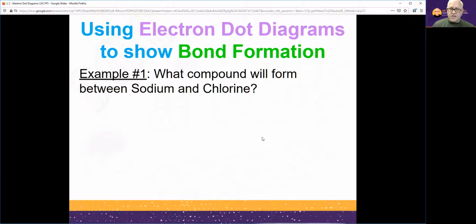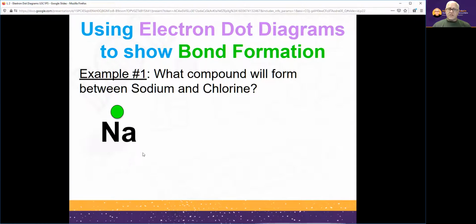In our first example, we want to determine what compound will form between sodium and chlorine. So you're going to take out your periodic table. You're going to identify the elemental symbol for sodium and the elemental symbol for chlorine. And for sodium, it's Na.